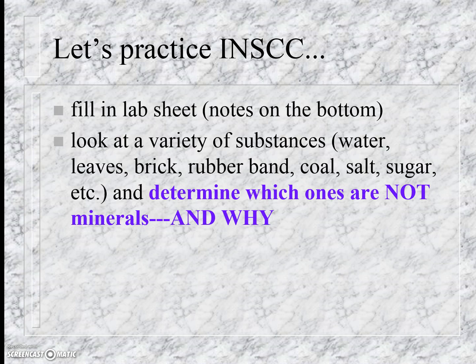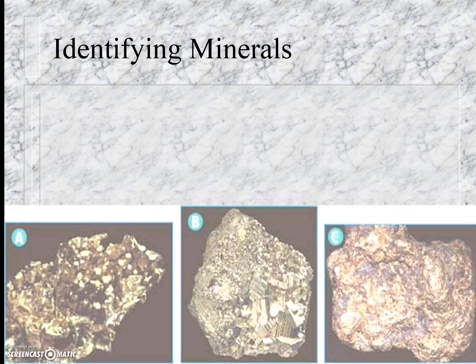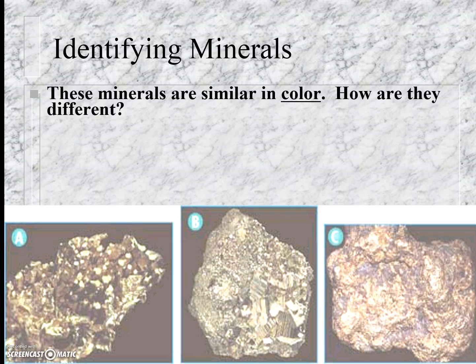Alright, so you can fill out your lab sheet when you get to school tomorrow, so don't worry about this. We'll identify some minerals tomorrow. These all are similar in color, so we would try to figure out how they are different, because all three of these are different, okay? They're not the same mineral.